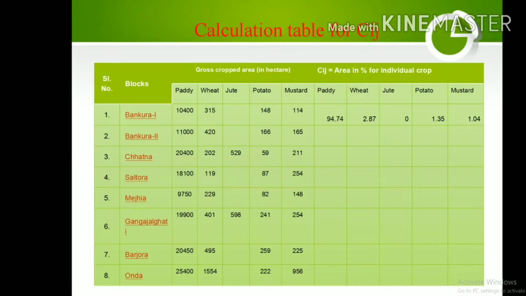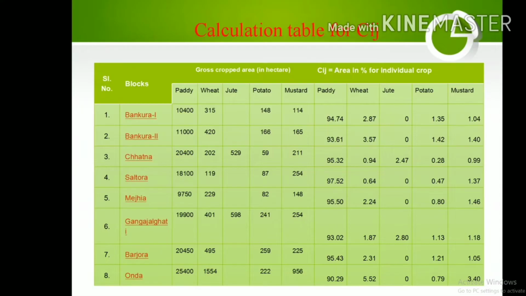In case of paddy, the Cij is 94.74, wheat is 2.87, jute is 0 because there is no gross cropped area for jute, potato is 1.35, mustard is 1.04. So altogether the summation of Cij will be 100. In this way you can easily calculate the value of Cij for all the blocks.